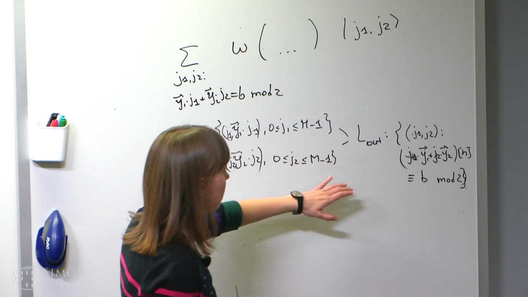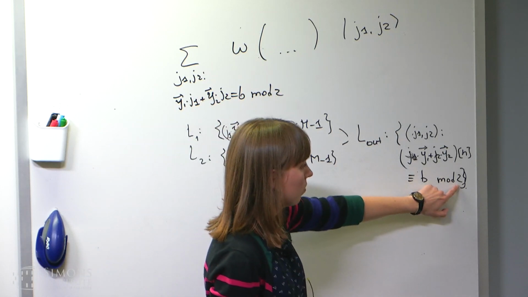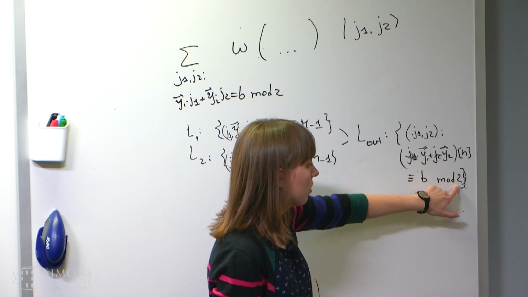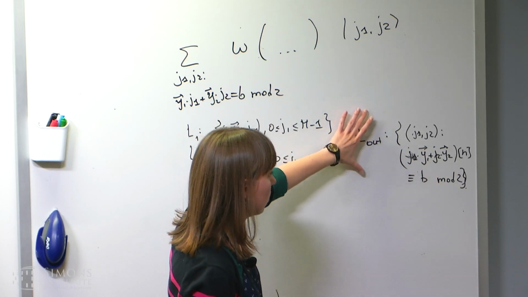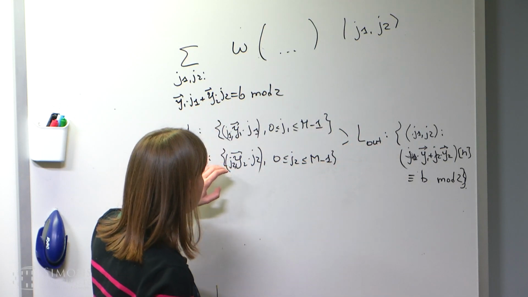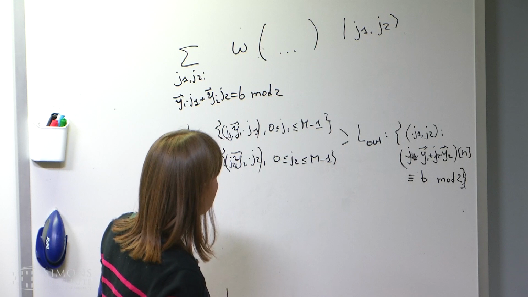So the parameters you should choose, namely this mod 2, were pretty much arbitrary. It's not really arbitrary, because you also want this list to be not empty.